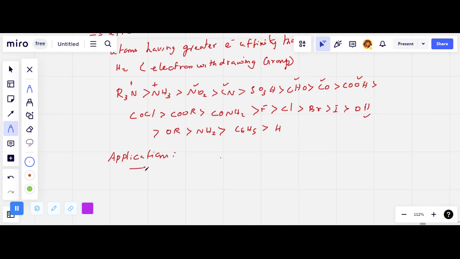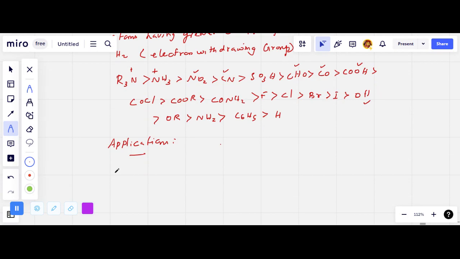The applications of inductive effect are that it helps in determining the stability of intermediates.